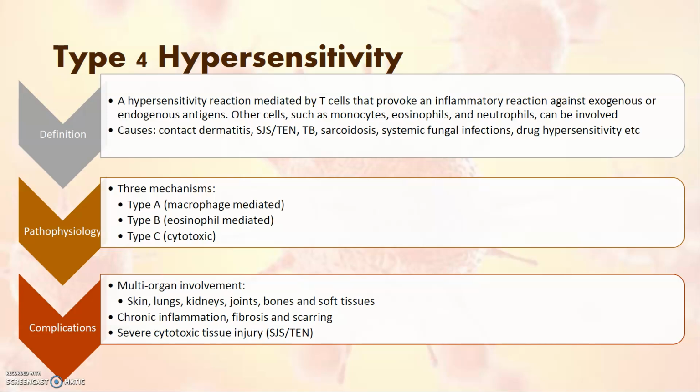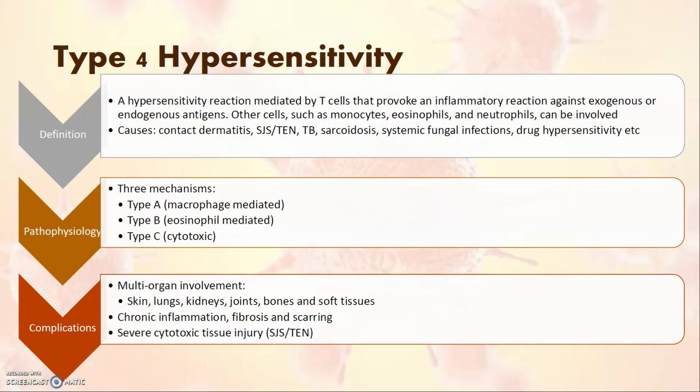And common types of type 4 hypersensitivity include contact dermatitis, Stevens-Johnson syndrome, and toxic epidermal necrolysis, tuberculosis, sarcoidosis, systemic fungal infections, and drug hypersensitivity. There are distinct mechanisms in different types of type 4 sensitivity.